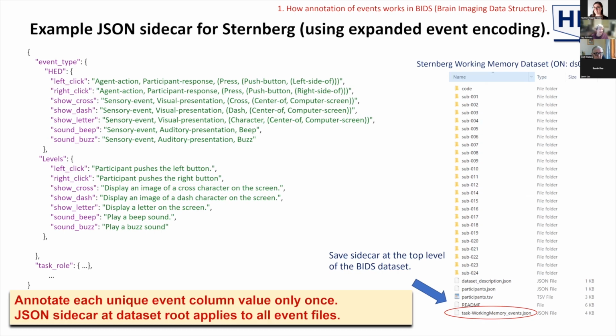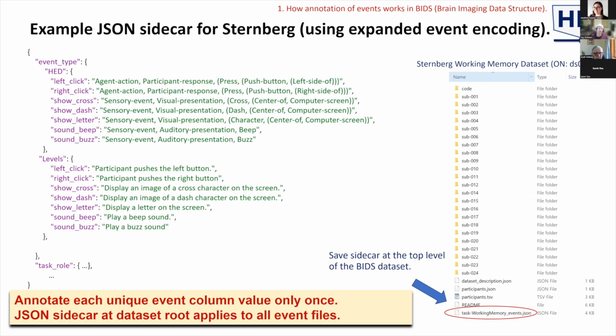So the idea is that you annotate each unique column only once, and ideally you have a single JSON file that applies to everything. Now, you're allowed to have other JSON files if there are some specific subjects that have special things in them, and they all apply using the BIDS inheritance principle, but I won't get into that in this talk.